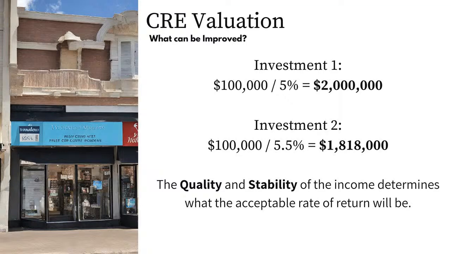But let's assume I still am optimizing my income, but now I've optimized it and it's a little bit more stable. The quality is a little bit better. And one of the considerations that you can have, and we're dealing with this right now with one of the escrows that I'm in, is whether all of the leases are on the same form, right? A lot of times you'll see a mom and pop that have all kinds of different leases mishmashed together.